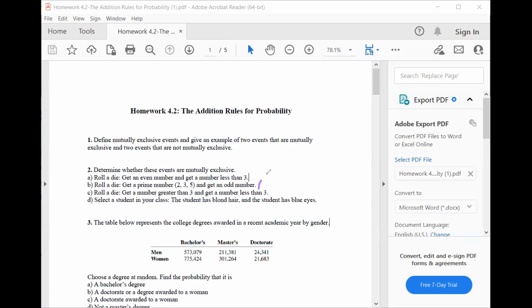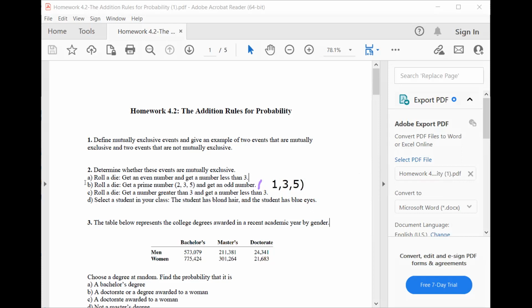So our odds are 1, 3, and 5, right? And we have some overlap. It doesn't matter, by the way, how many overlap. Any number, as long as you have at least one overlap, they're not mutually exclusive. So B again would be no. So A and B are both no at this point.